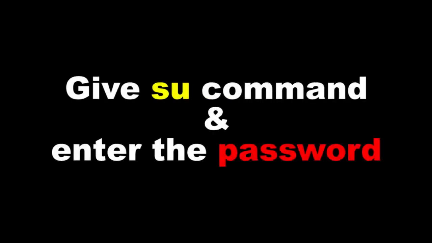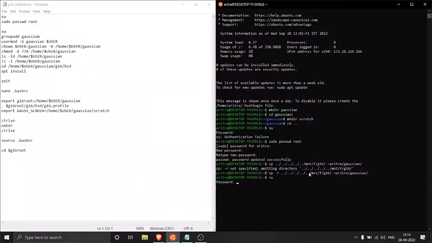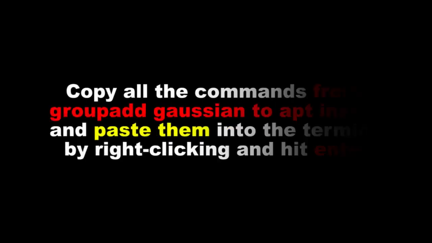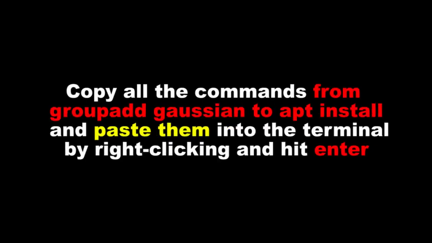Give the su command and enter the password. You'll be in the user's root instance. Copy all the commands from groupadd gaussian to apt install, and paste them into the terminal by right-clicking, and hit enter.